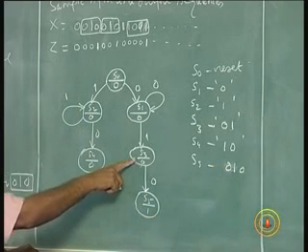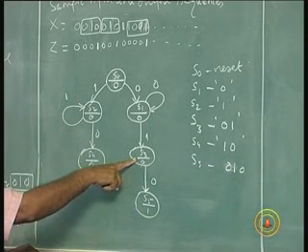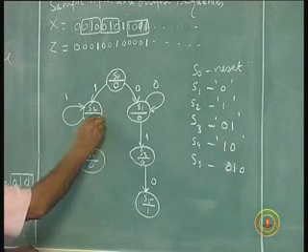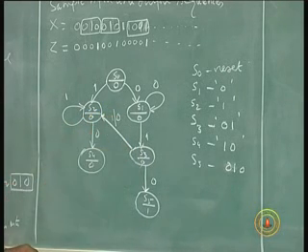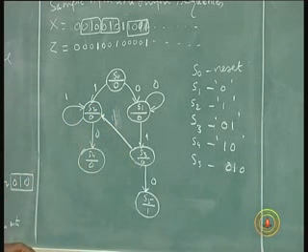So 1 occurring here, this is a 0, 1 state. This has to go here. 1 occurring here will go here.